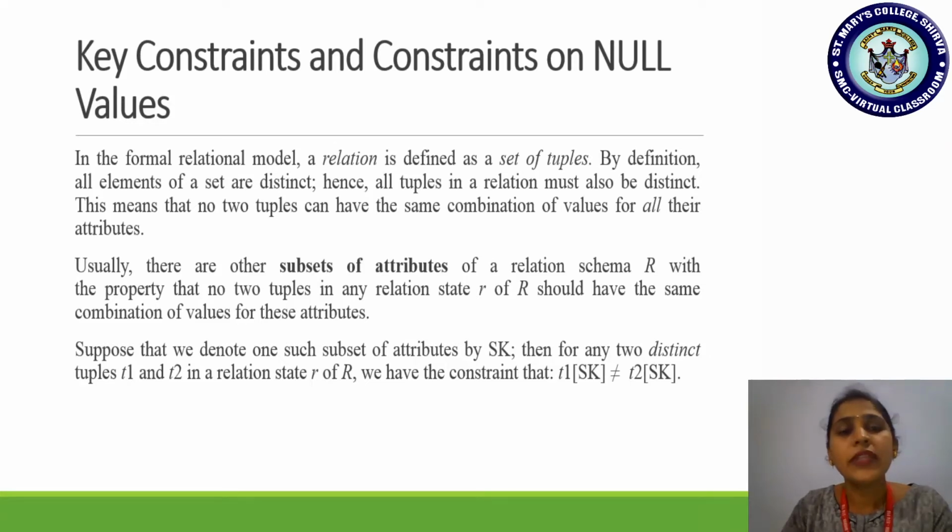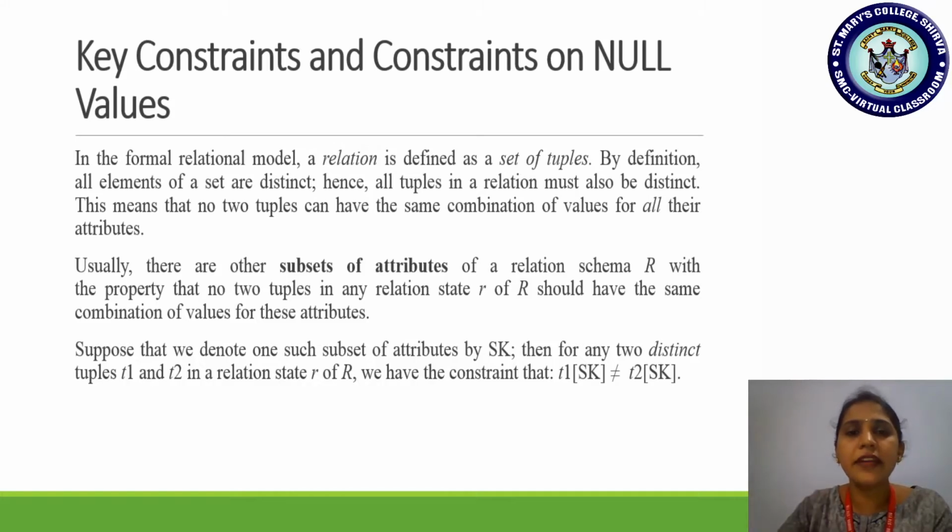In the formal relational model, a relation is defined as a set of tuples, and we know this, right? A relation is defined in various ways, and as mentioned here, it is defined as a set of tuples, a set of rows.